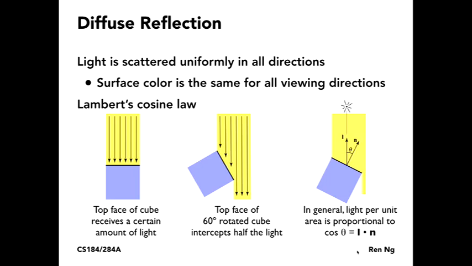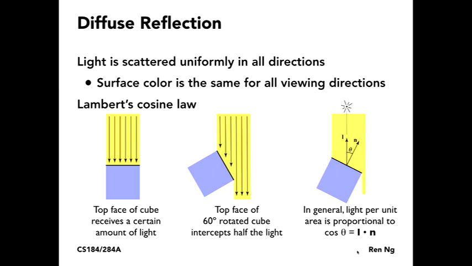If it's reflecting like a mirror, all the light goes in the mirror direction, and if you're not in the mirror direction, it'll look dark. This diffuse component is modeled by assuming that any amount of light that falls on the surface gets scattered statistically equally in all directions. Then, when you look at that surface from different directions and you don't move the surface relative to the light source, a point on that surface will always be exactly the same color, regardless of which way you're gazing at it.